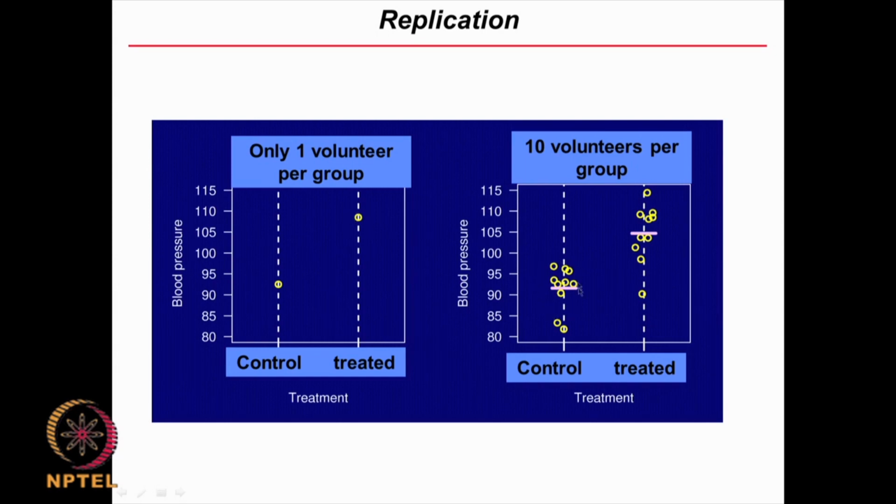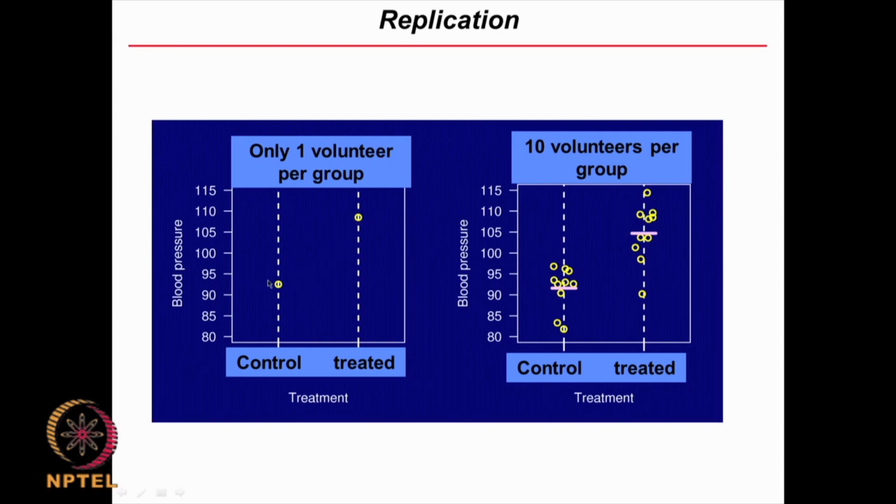But it is always a good idea, say you take 10 volunteers per group, so the blood pressure of the control may vary from, say, 85 to 97, and the treated could vary between 90 to 115. So, we have a range of values, so we can calculate variances for the control, we can calculate variances for the treated, we can perform an F test, so many things we can do, but with a single point control we can't do anything.